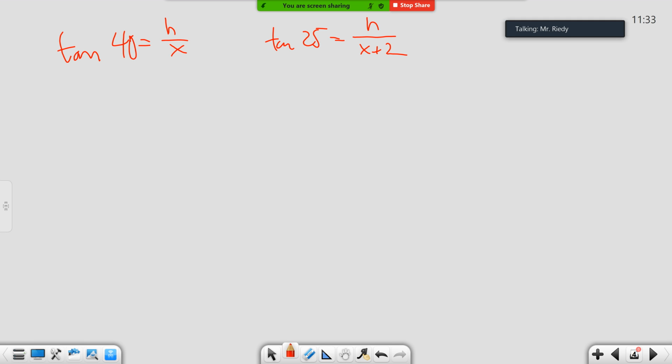All right, so what I'm going to do is I'm going to start with this red equation over here, and I'm going to multiply both sides by x so that I have that in terms of h. I'm going to do the same thing with the other side. Rachel, I just made a crucial math mistake. Could you tell me what it is, please?